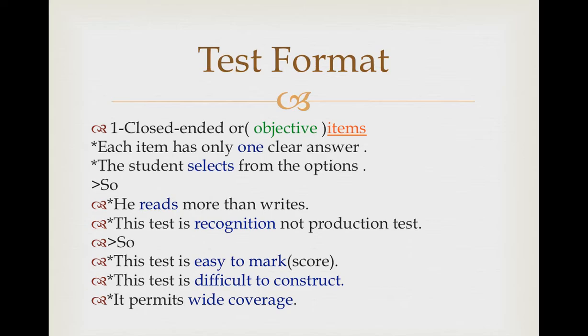He reads the options, for example, to select the correct one. So this is recognition. يتعرف على الجواب الصحيح. Recognition. So this is not production. There is no production. لا يوجد نتاج. فقط تعرف.